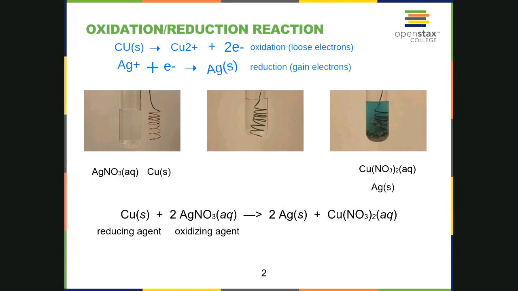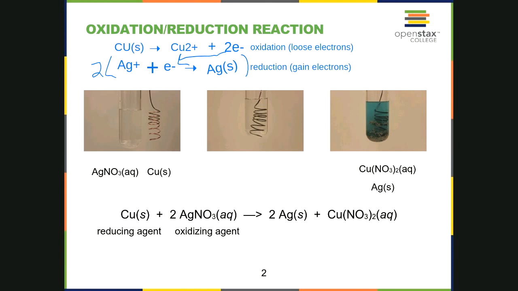So we would have to take our second reaction, Ag+ plus 1 electron making 1 Ag solid, and multiply that by 2 in order to get the same number of electrons. Now we have 2 electrons that we're producing and 2 electrons that we're using. Okay?